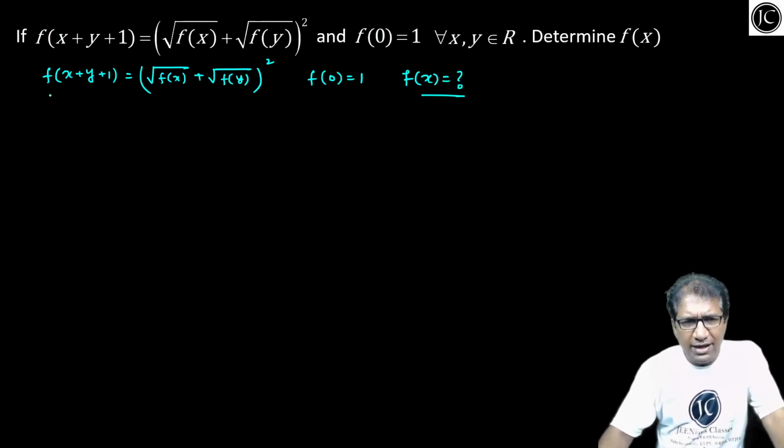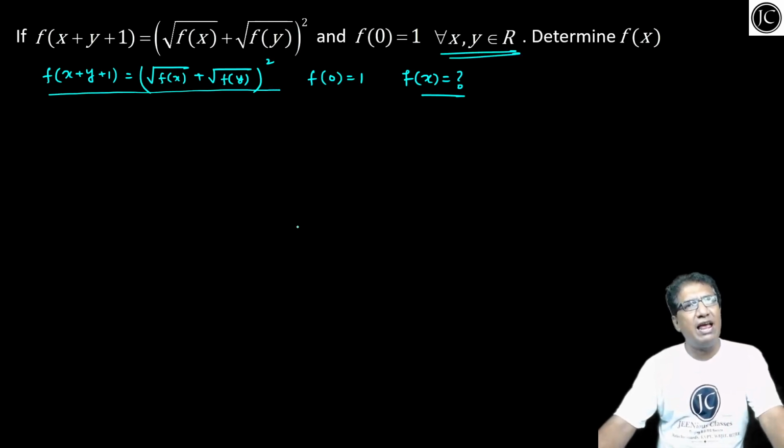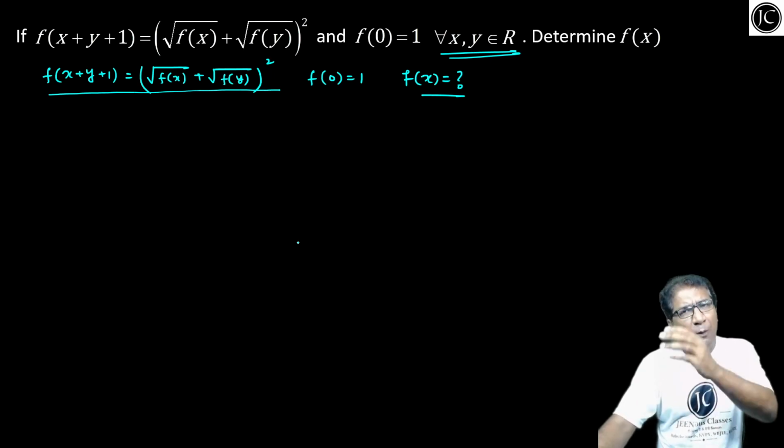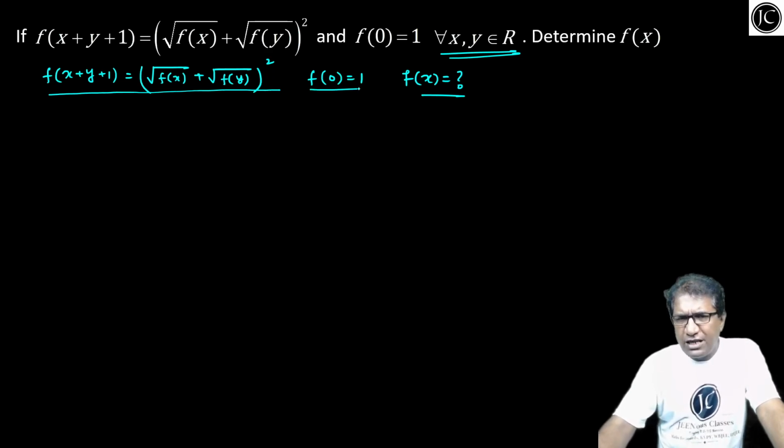And this functional equation is true for all x, y belongs to real value. In place of x and y, you can put anything. कैसे करोगे? ओके, एक काम करें, देखो f0 is 1.